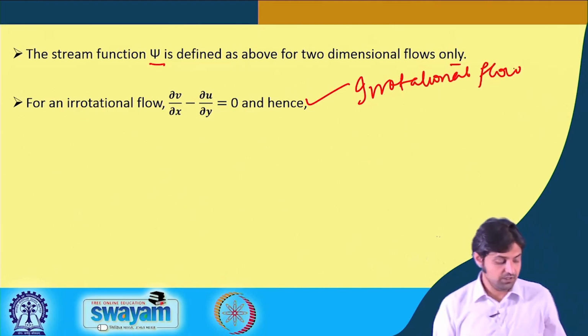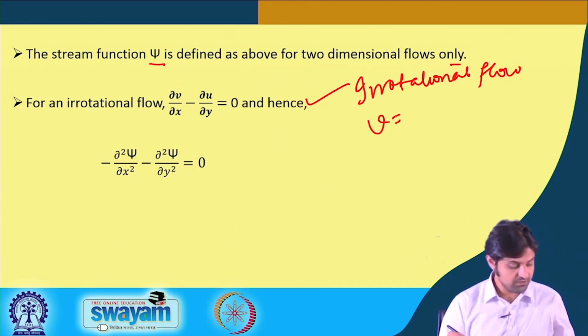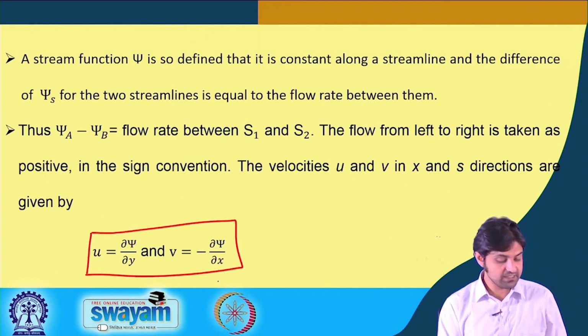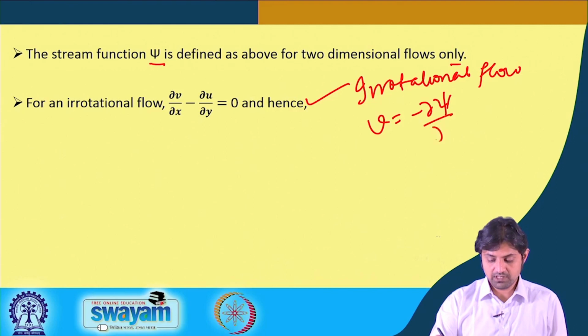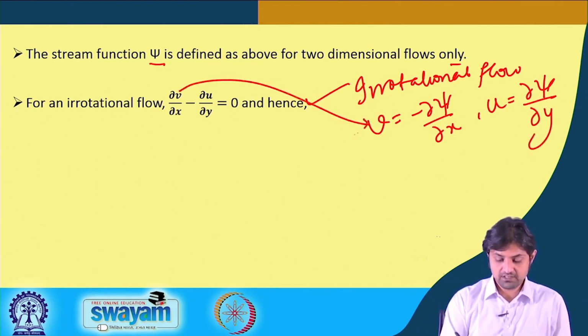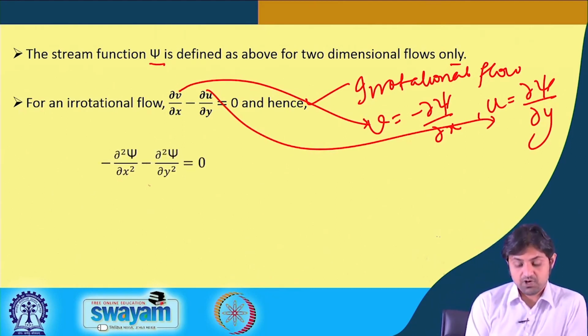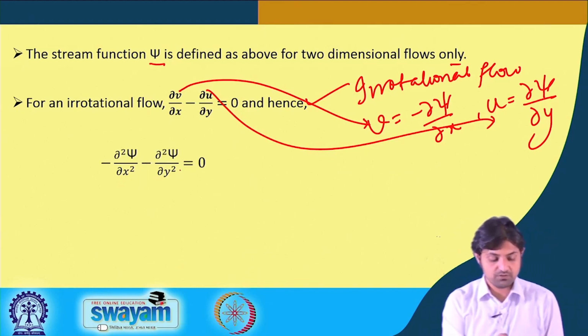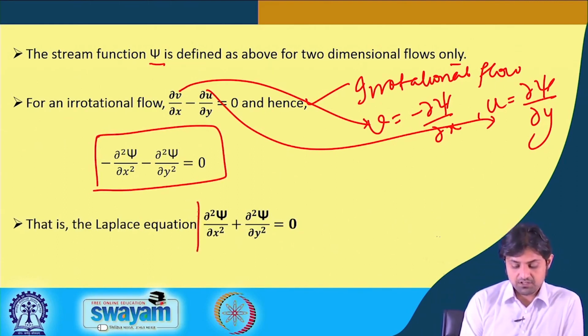Therefore, if we substitute v as what we saw, v was minus del psi by del x, and u was del psi by del y, we are going to get minus del square psi by del x square minus del square psi by del y square is equal to 0, and this is the Laplace equation.